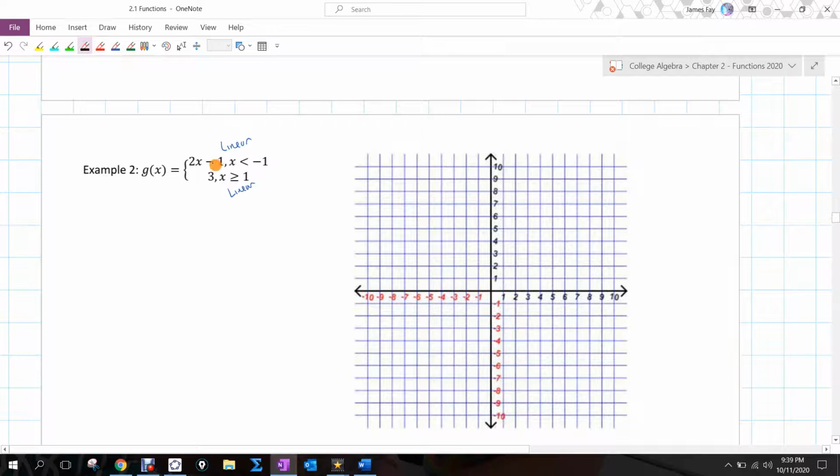Now, because I'm not looking at the entire graph anymore, I don't know my y-intercept, so I'm not going to use my y equals mx plus b graphing tool. I'm going to use just straight substitution. You guys have done this, create an x and y chart. I'm going to choose -1. Plug that in here, so we get -2 minus 1 is -3. So at -1, I'm down at -3. Now I'm going to put an open dot.